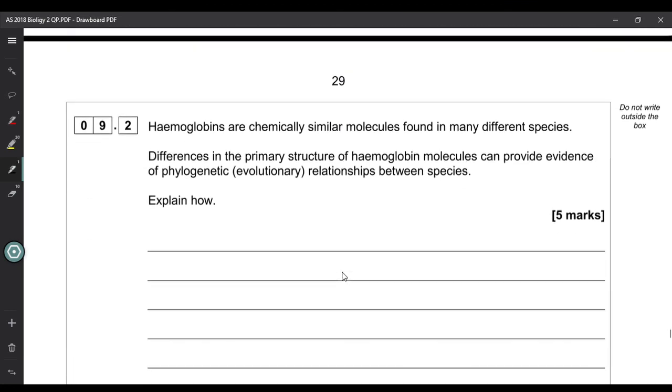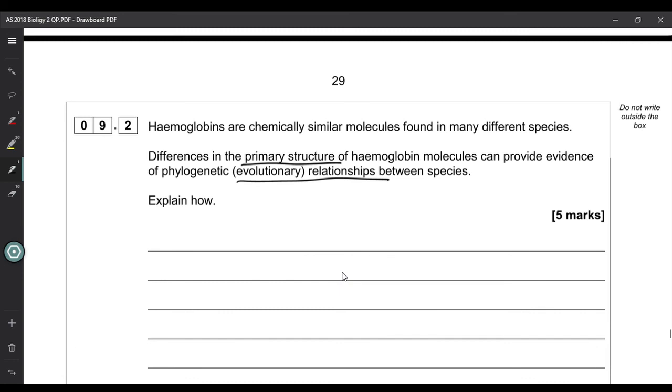So the final part says that hemoglobins are chemically similar molecules and found in many different species. Differences in the primary structure of hemoglobin molecules can provide evidence of evolutionary relationships between species. Explain how.